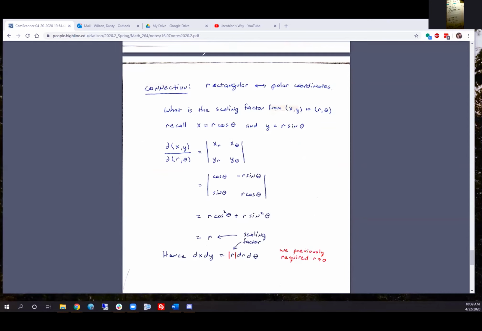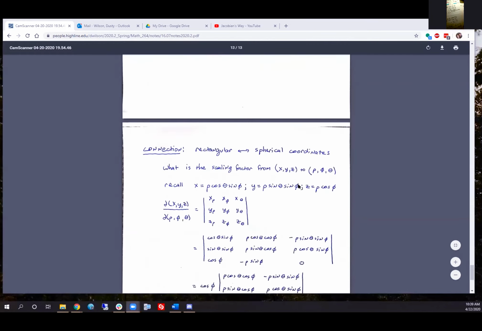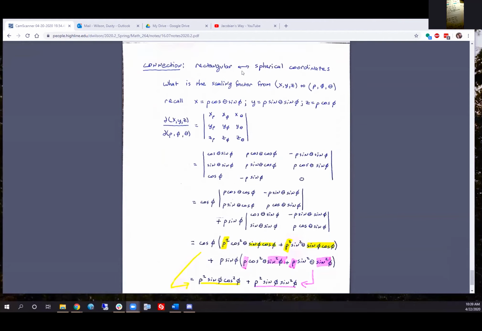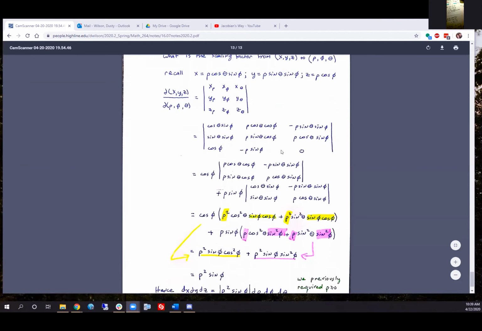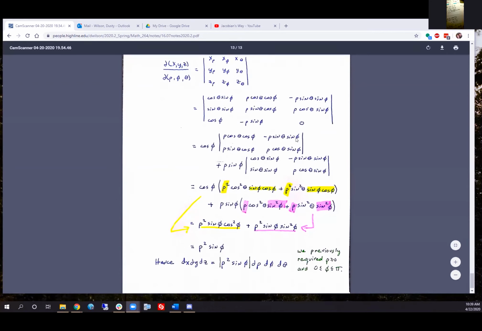Because that one's so cool and we're already there in the notes, you could do the same thing going from rectangular to spherical coordinates, except you end up with a 3x3 determinant with a bunch of trig functions in it. It's not hard, but it's just kind of a total mess. You have to keep track of everything, multiply it all out, and keep using common factors.